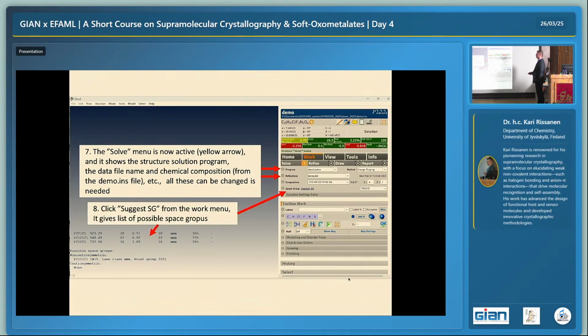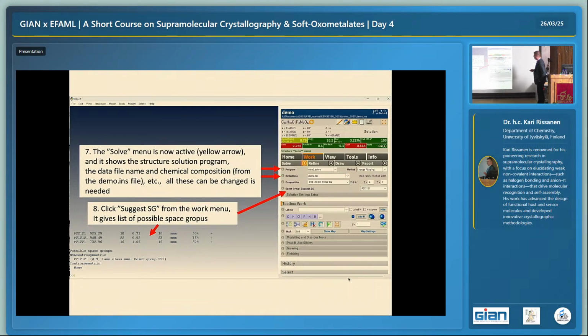Okay, now remember that the computer program in the diffractometer was already looking through the data, guessing, or looking at whether there are symmetry operations in this unit cell, meaning can it find the space group for this? The space group are the symmetry operations inside the unit cell, but we have to check this ourselves.